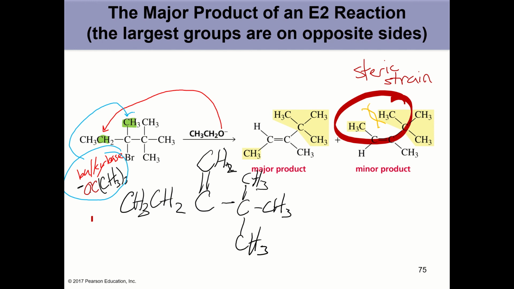So the bulky base always removes a proton from primary carbons, preferably, if possible. And if there are no primary carbons, then a secondary carbon. And so the bulky base is what would lead to this product.